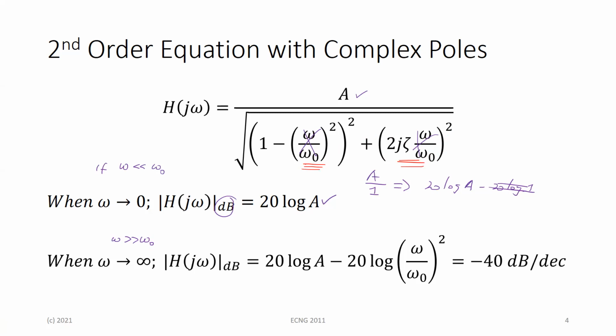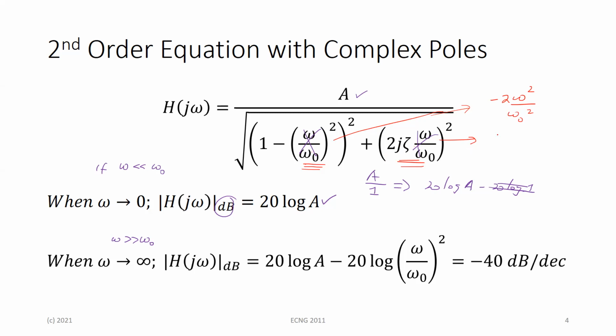Fair enough? As it starts to get big, because this is a factor of the power 4 as compared to a factor of the power 2, this will dominate this. And if I expand that, I am going to get something like a minus 2 omega squared over omega naught squared inside of that bracket.